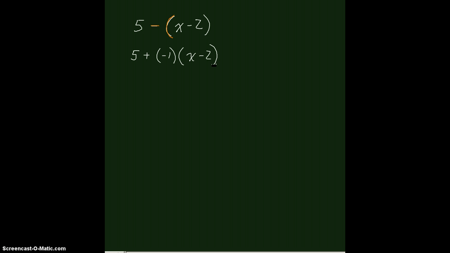minus 2. And that's 5 plus, I'll use the distributive property with the negative 1, so negative 1 times x, negative 1 times minus 2. Negative 1 times x gives me a minus x, plus minus 1 times minus 2 is a plus 2.